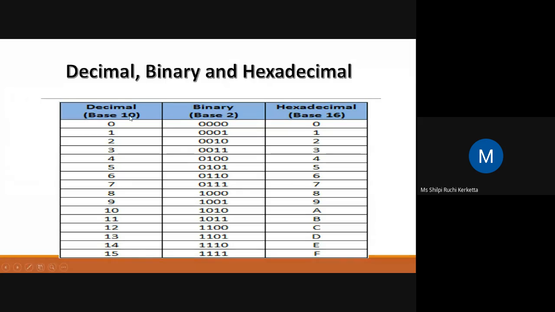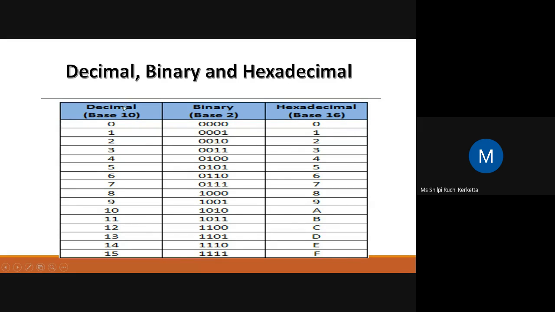First write the decimal base 10, write 1 to 15, then write binary 1 to 15, and then write hexadecimal 0 to F, and through this table you try to convert it. Don't convert hexadecimal directly to decimal, it will be wrong. So convert hexadecimal to binary, then binary to decimal.